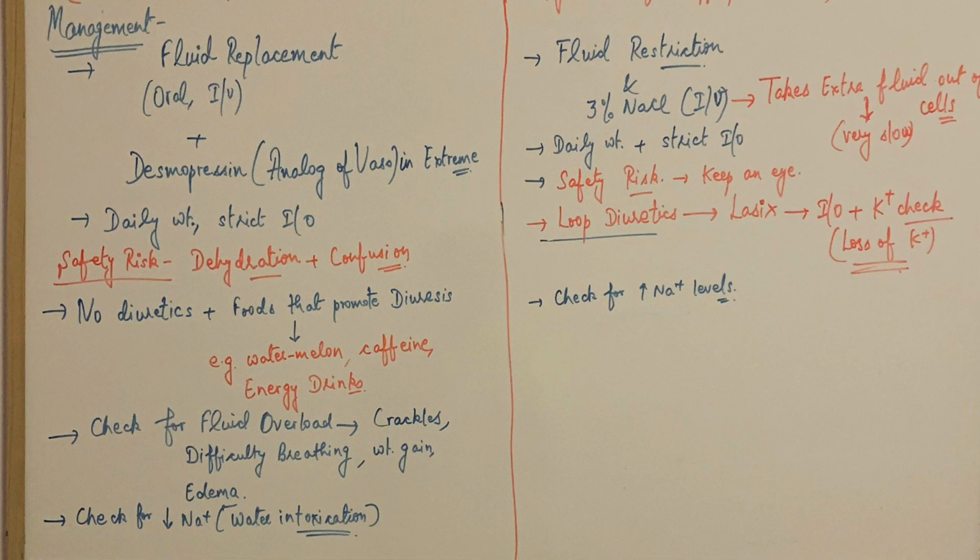It is given only in extreme conditions when the body is having very little production of ADH hormone. The route preferred for desmopressin can be oral, IV, or nasal also. So depending upon what the doctor is prescribing, the nurse has to look for that.